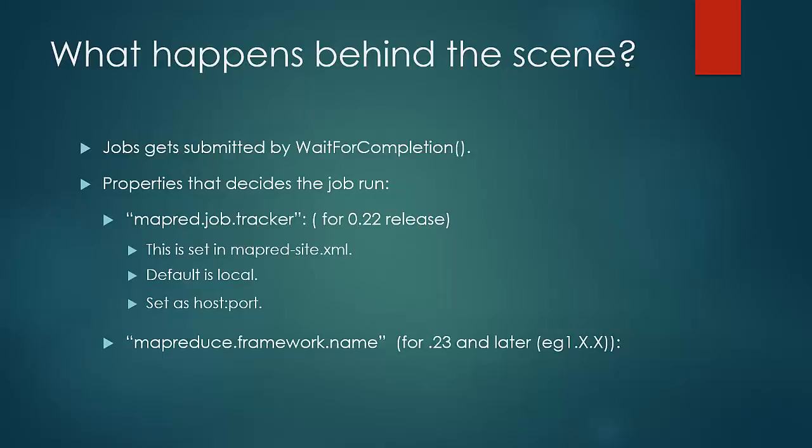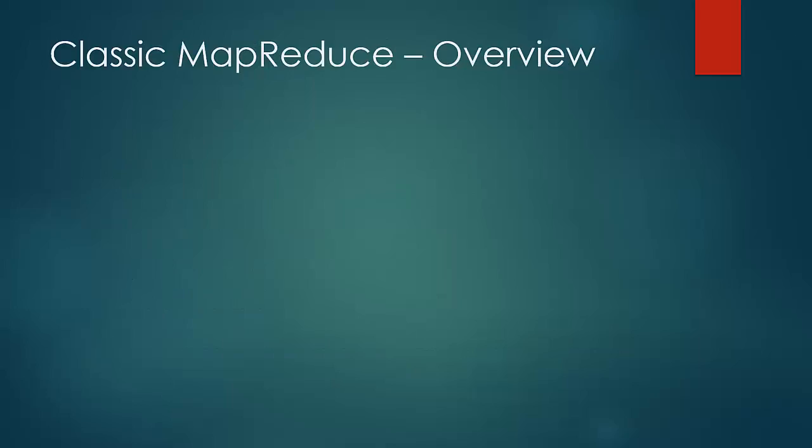We will look deeper into it later in the course, but the important thing to be noted is that in case of newer releases, the property mapreduce.framework.name decides the framework of execution. It can be set to local, which is as good as running in local mode, or it can be set to classic, which is what we study next, or it can be set to YARN, which we would study later in the course. What we now study is the anatomy of a job that runs in fully distributed mode.